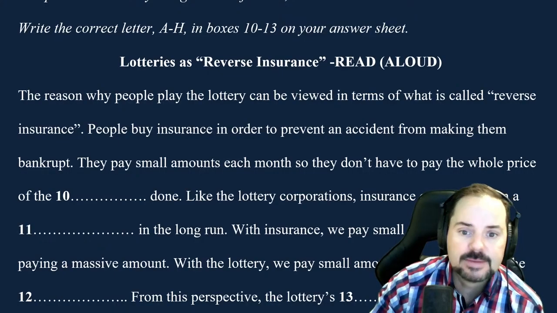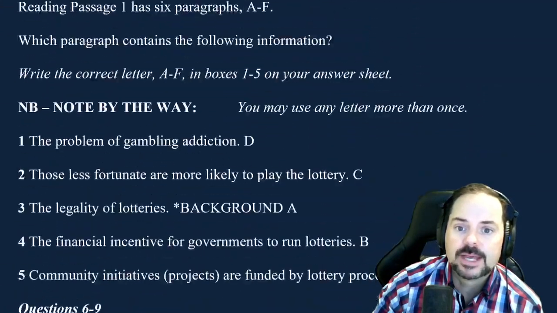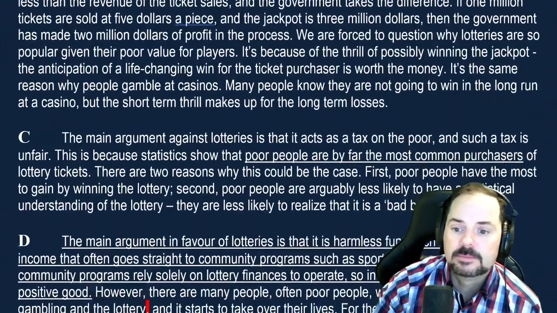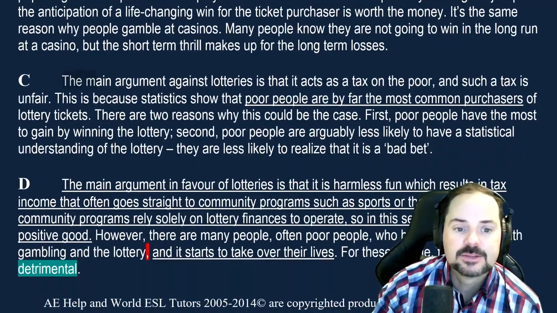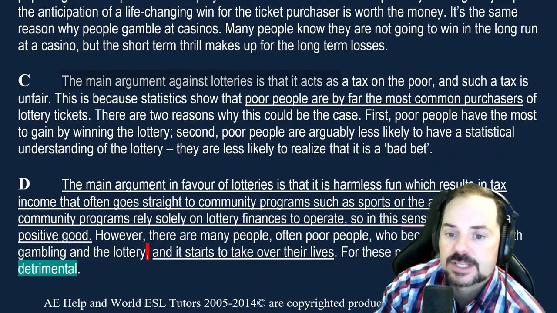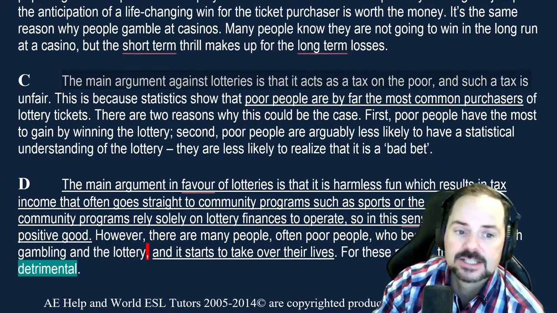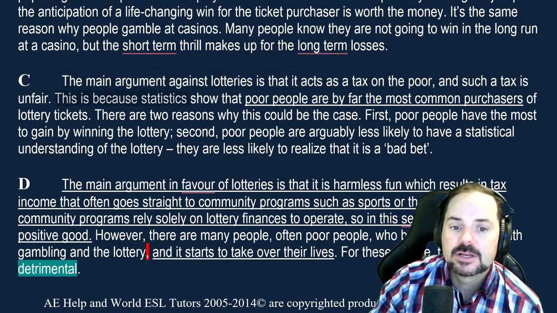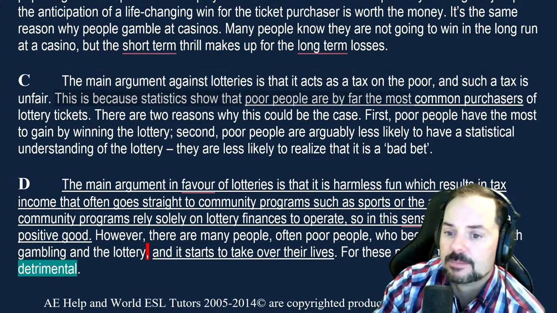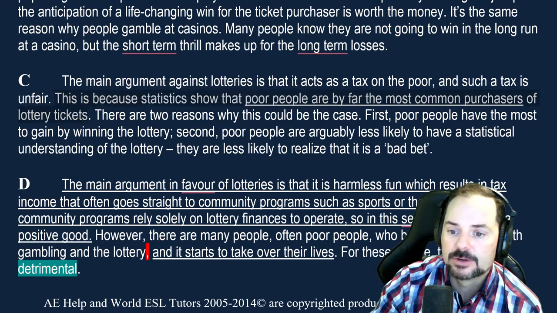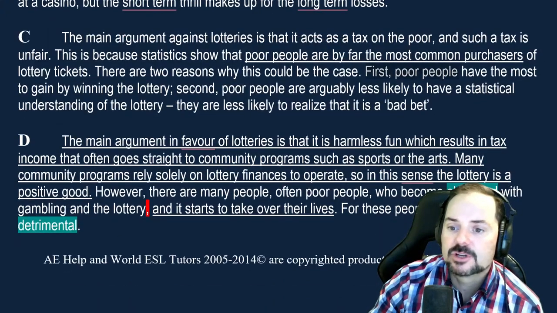In the passage here, we had this piece where it talks about poor people. It says the main argument against lotteries is that it acts as a tax on the poor, and such a tax is unfair. This is because statistics show that poor people are by far the most common purchasers. And it says, first, poor people have the most to gain by winning.